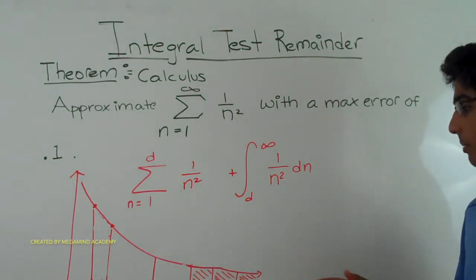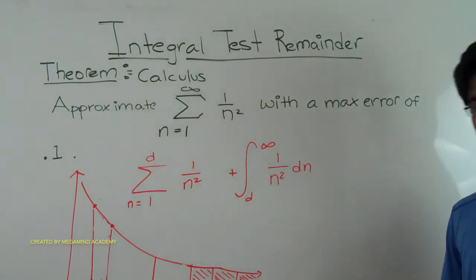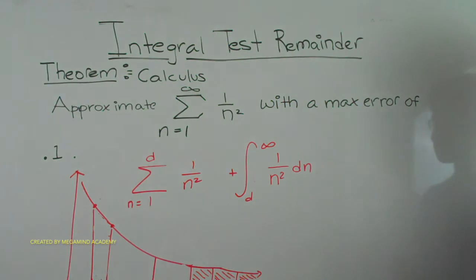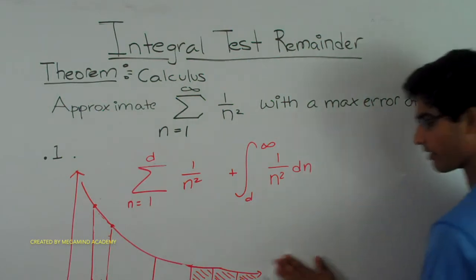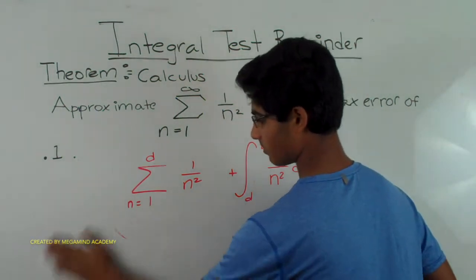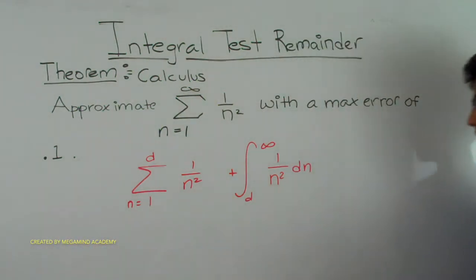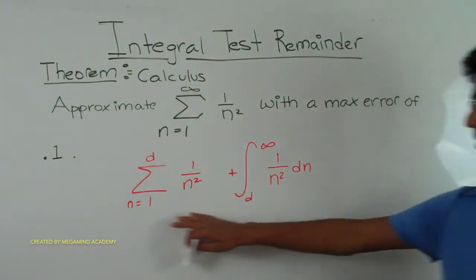But there's a little problem here. Try and see if you can figure out this problem yourself, or how we can fix it. I'm going to erase the graph. Okay, so there really isn't actually a problem with this.